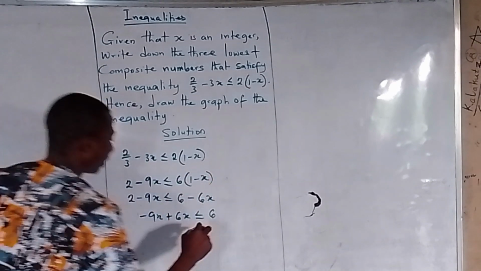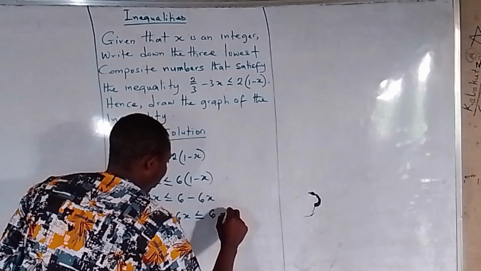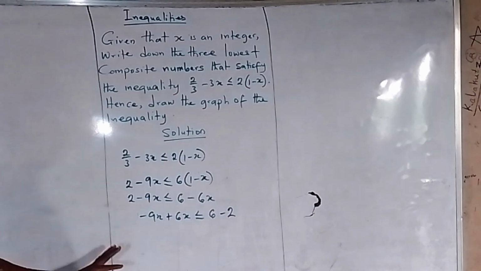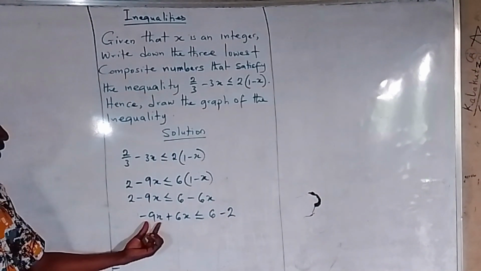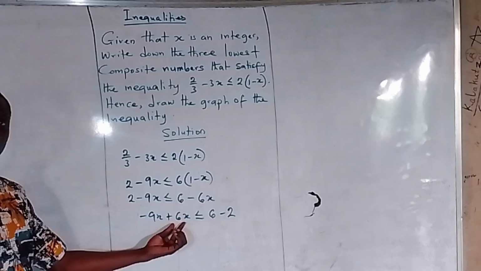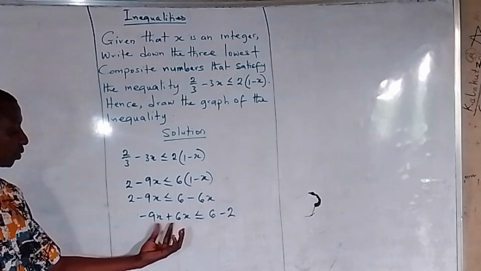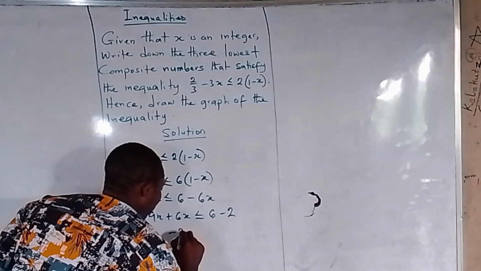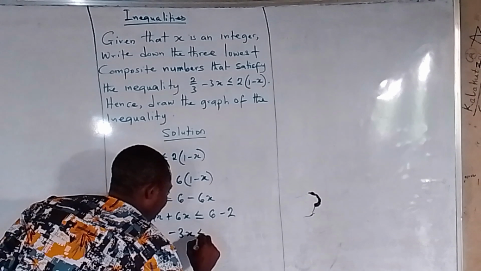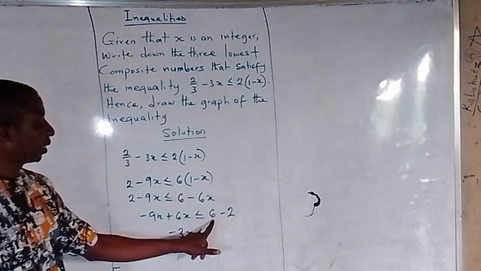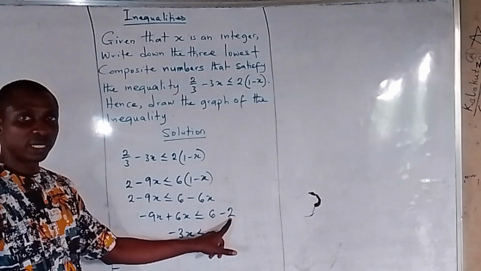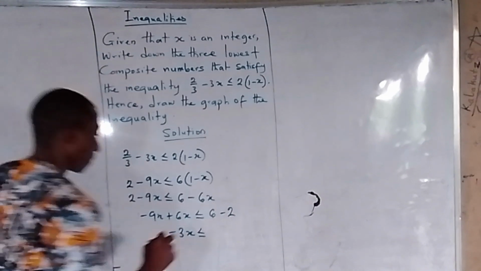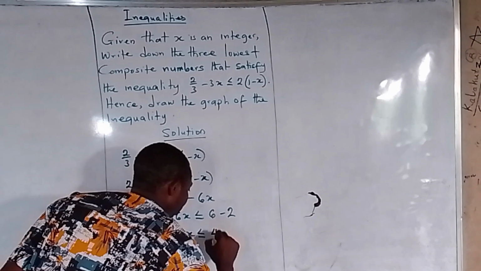This one goes to the other side, we have minus 2. Alright, we have minus 9x and plus 6x, that gives us minus 3x. Minus 3x is less than or equal to 6 minus 2, that gives you 4.